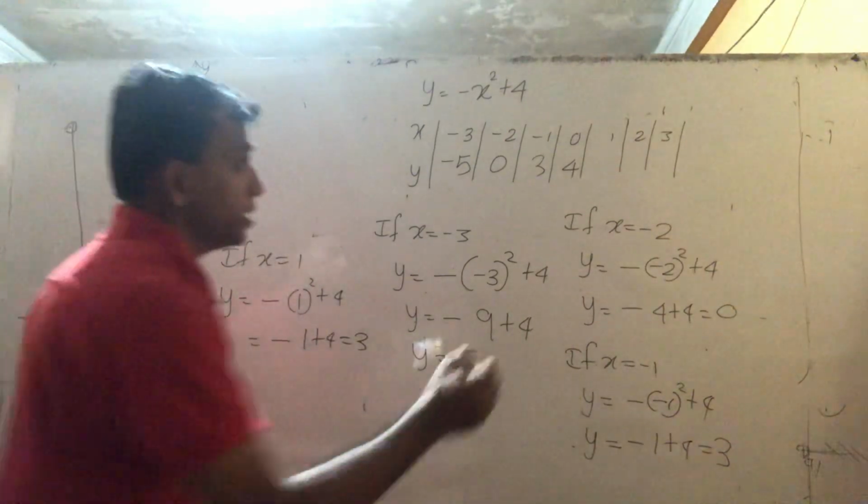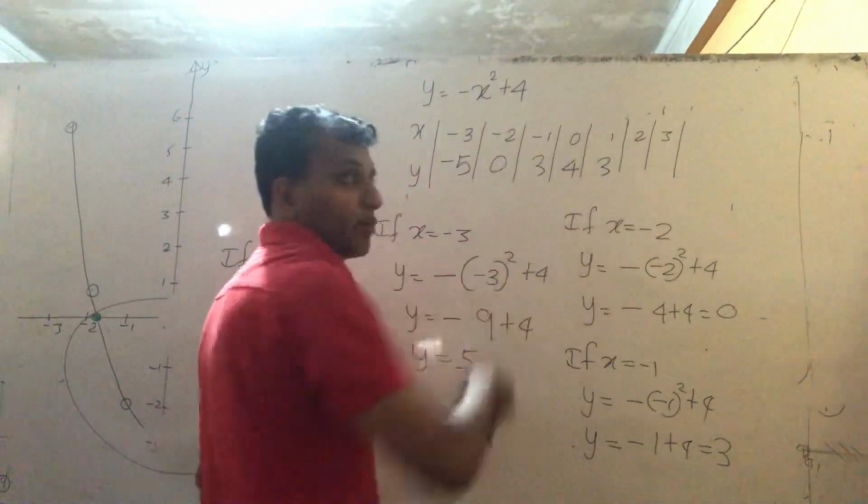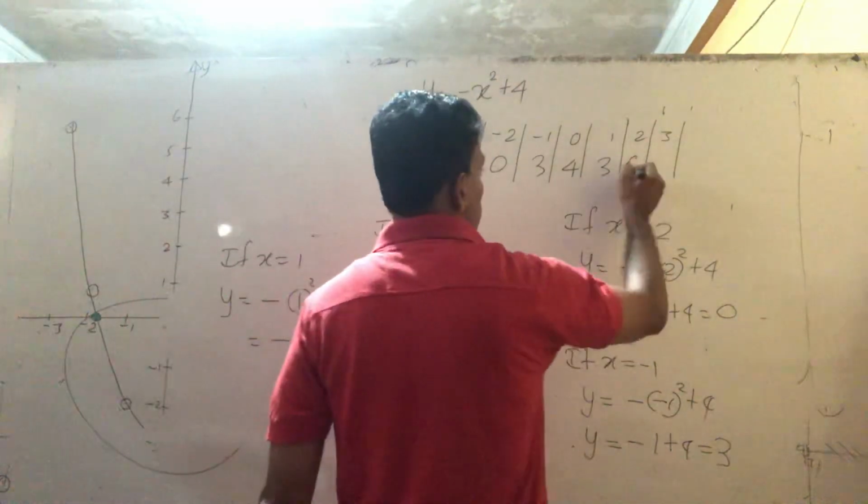Check that, 3. Similarly, 2 gives 0, and 3 gives -5.